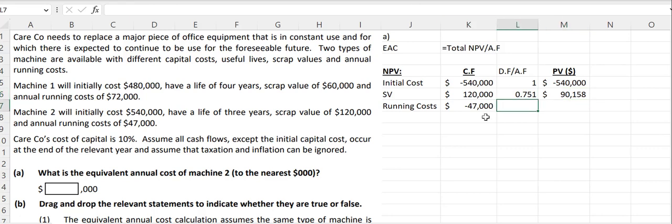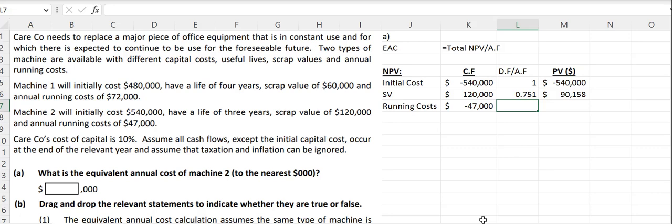Then we have $47,000 annual running costs, and these will be spent every year constantly. So we can't use a discount factor because a discount factor only represents a single year. These cash flows will be spent every year for 3 years. So there are 3 cash flows, and we have to find out the present value of these cash flows using the annuity factor.